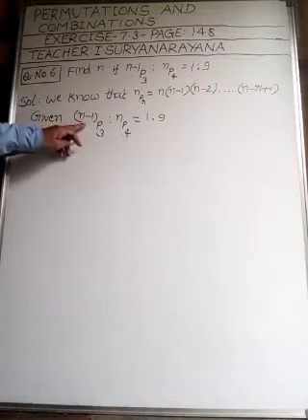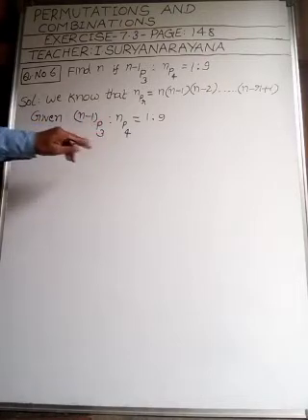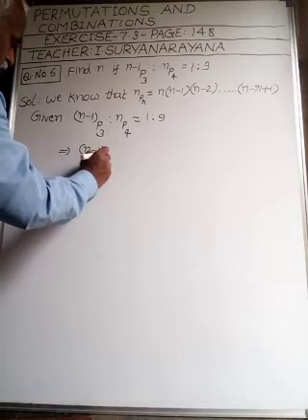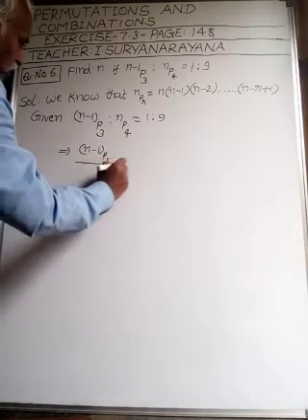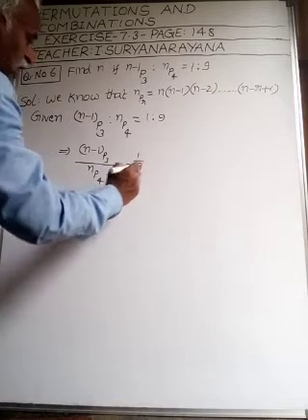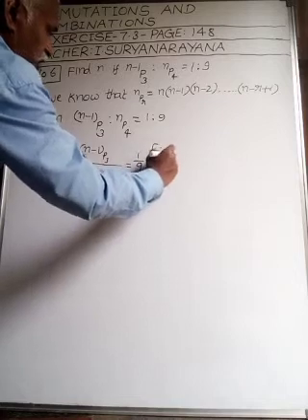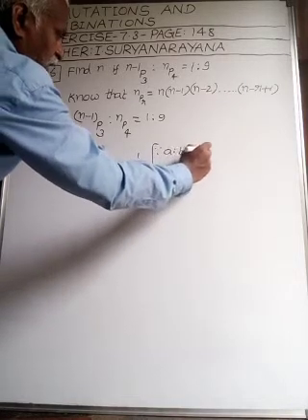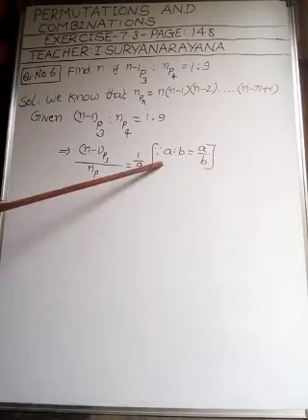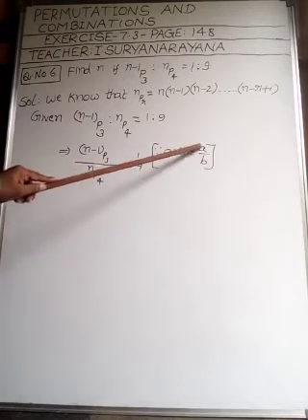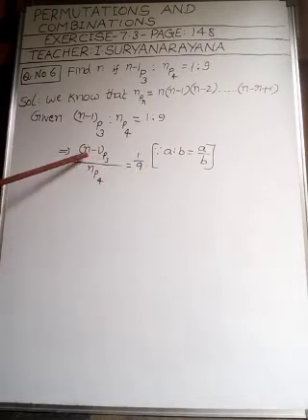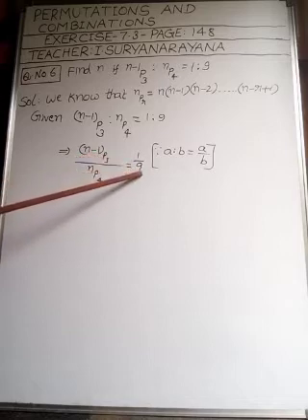Let us write this ratio as a fraction: (n minus 1)P3 whole divided by nP4 is equal to 1 by 9, because a ratio A is to B can be written as a fraction, a rational number, like this. Understood this point, my children?